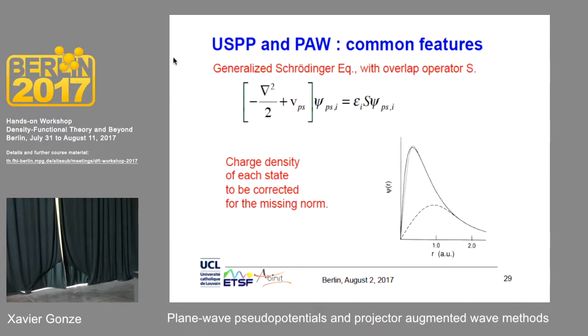They have things in common. In both cases, we will change the Schrödinger equation or the Kohn-Sham equation to an equation in which there is an overlap operator, which is a bit similar to the case where people treat the wave function with localized orbitals. And also the charge density of each state has to be corrected for the missing norm.